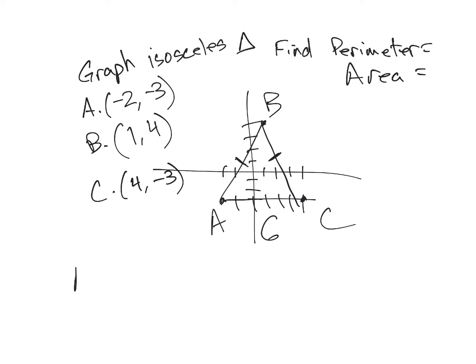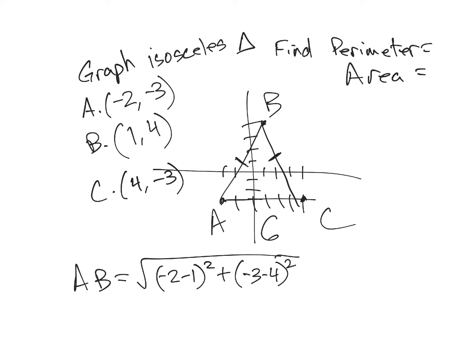So now, the distance from A to B: -2 minus 1, subtract your x's and square them. -3 minus 4, subtract your y's and square them. -3 squared, -7 squared. Now they're all positive. 9 plus 49.